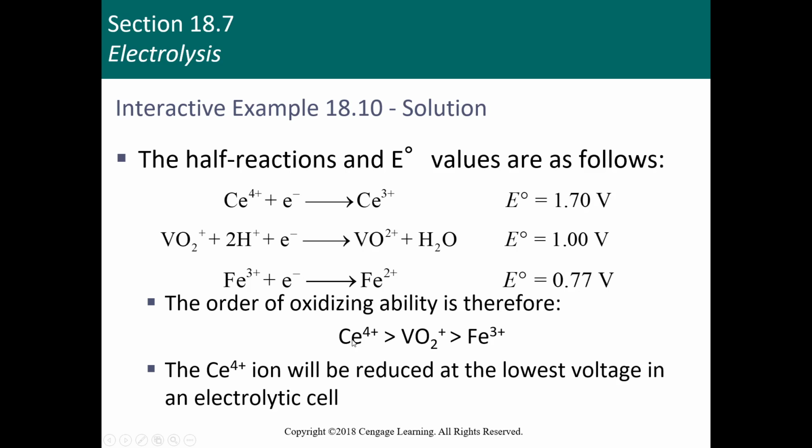So your Ce4+ is going to be reduced at the lowest voltage in an electrolytic cell. That's going to take the electrons first. That's going to take the electrons most easily. That's going to become reduced the most easily.